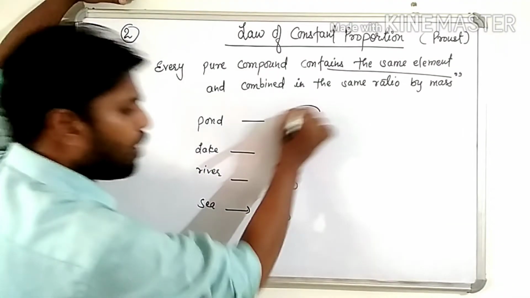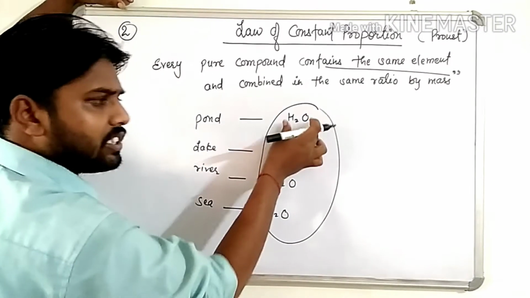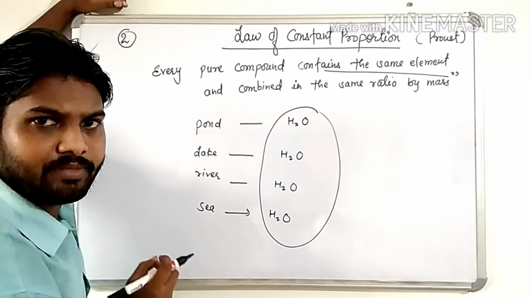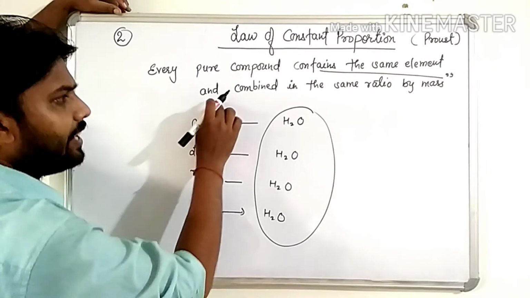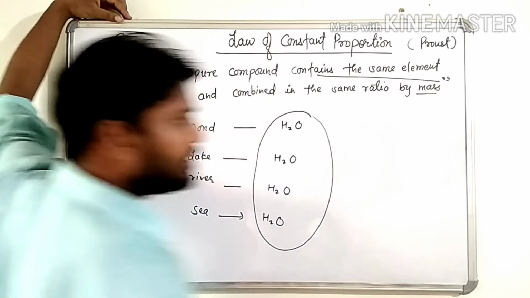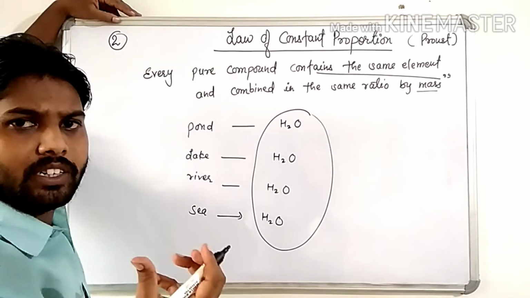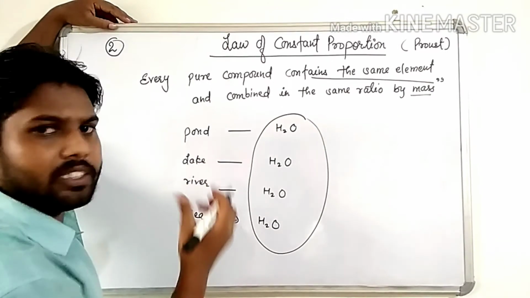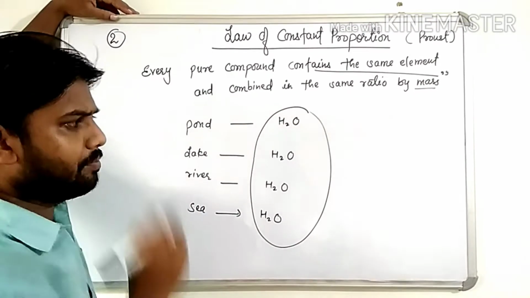Every pure compound contains the same elements. Clear, children? And they are combined in the same ratio by mass, which means when we calculate the ratio by their mass, it will remain the same.